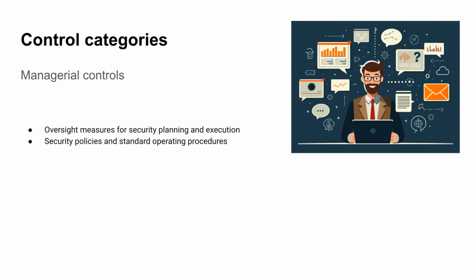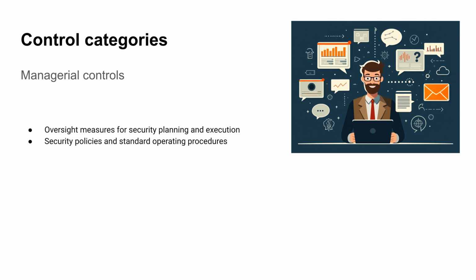Now let's move to managerial controls. As a security professional, it's crucial to establish guidelines that help people manage their systems, data, and resources effectively. These are known as managerial controls. They typically include the creation of policies and procedures that guide the security handling of information and systems.